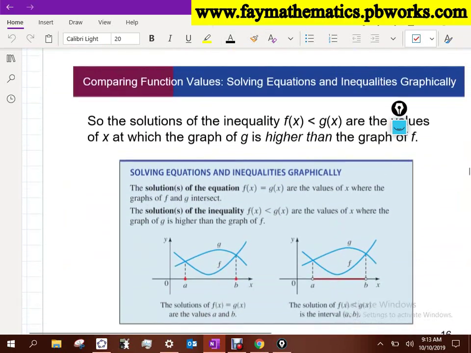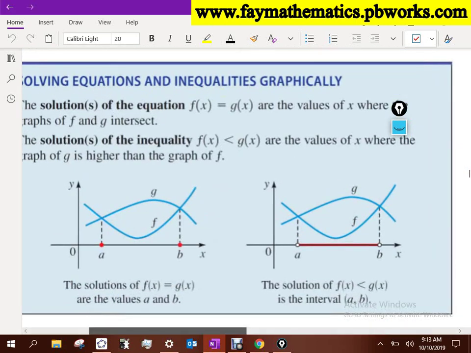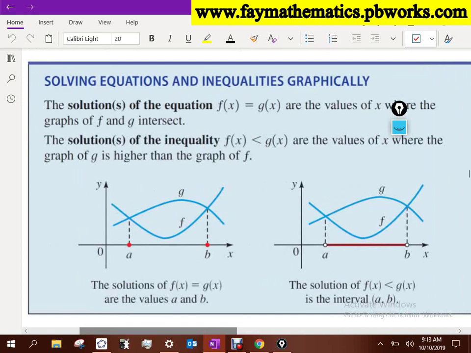This here is the concept that we're trying to kind of justify. It says the solutions of the equation f of x equals g of x. All right, we've talked about how every equation we ever come across, the left-hand side is a function, the right-hand side is a function, and if we graph them separately, maybe something's linear, maybe something's quadratic or whatever, and then we graph them both together.